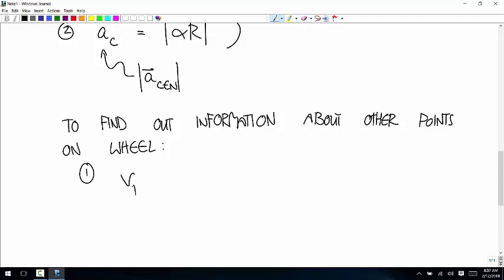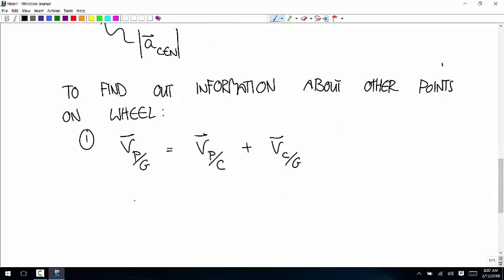So velocity of some point P relative to the ground is equal to the velocity of that point P relative to the center of the wheel plus the velocity of, what does relative motion say on this one? That's right, center relative to ground, exactly. And the same thing is for acceleration. The acceleration of p relative to the ground is equal to the acceleration of p relative to the center plus the acceleration of the center relative to the ground.